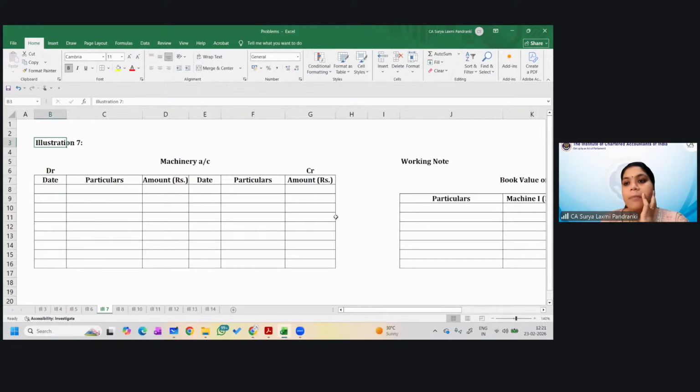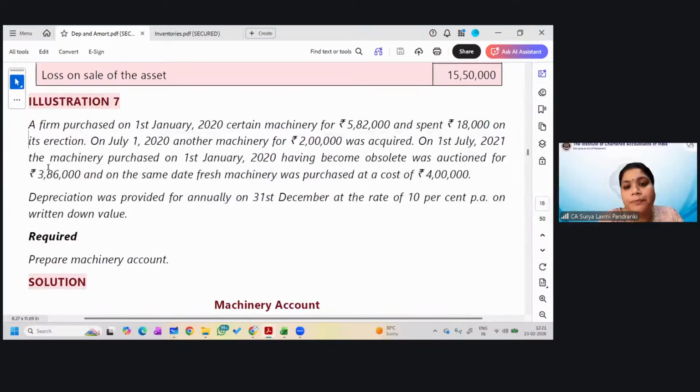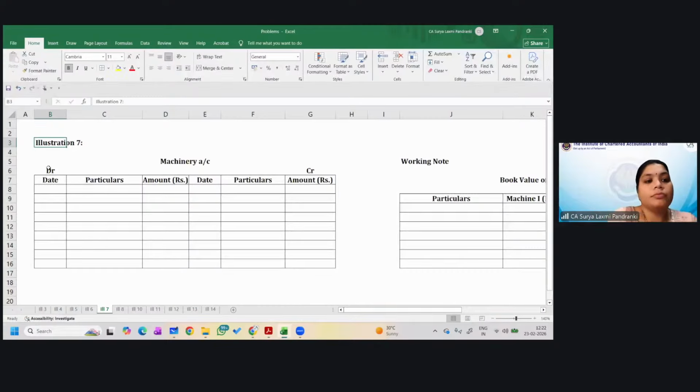Please respond, be with me so that we can finish it. Debit side, what are we going to write on the debit side? This 2020.